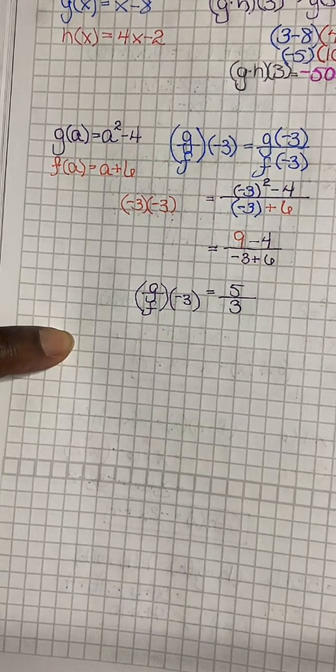We can divide, but would it be simplified to a mixed number? What would we get? So Michael's saying 1 2/3. Do we agree? 1 2/3.